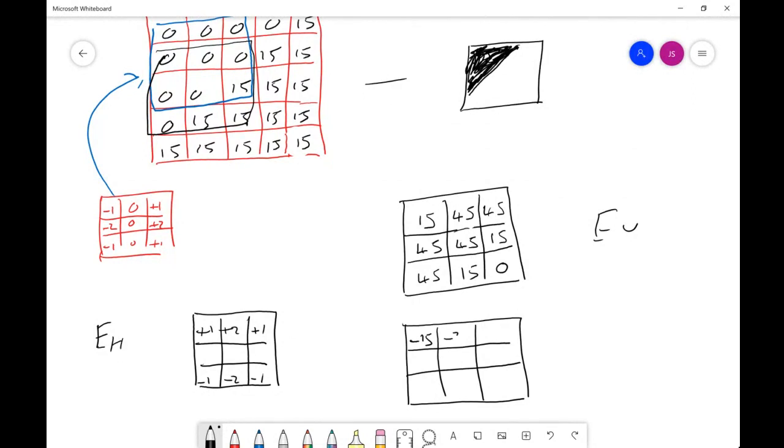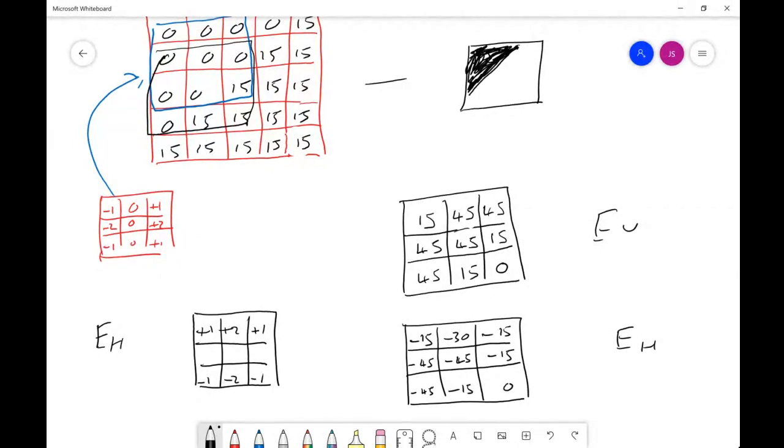And I think the other values are -30, -15, -45, -45, -15, -45, -15, and 0. And that is your EH strength.